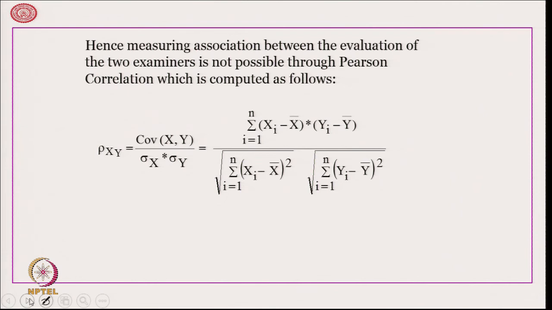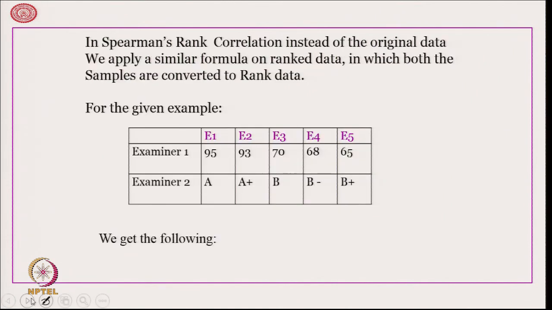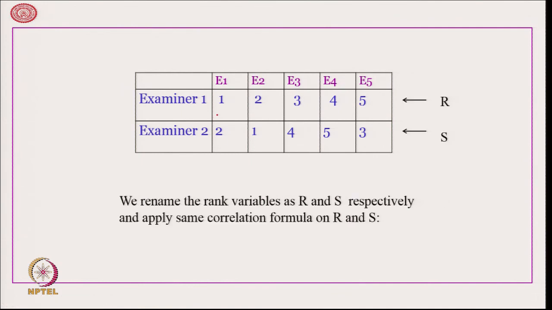Here we invoke our earlier definition of rho_xy, which we have already defined. I am not going into the detail here, but for Spearman rank correlation the x_i will be replaced by R_i and y_i will be replaced by S_i, and therefore from here we get the following. These are the ranks among the x's and these are the ranks among the y's, which is the scores given by examiner 2.